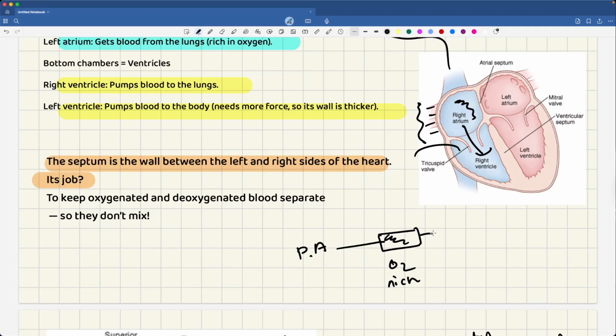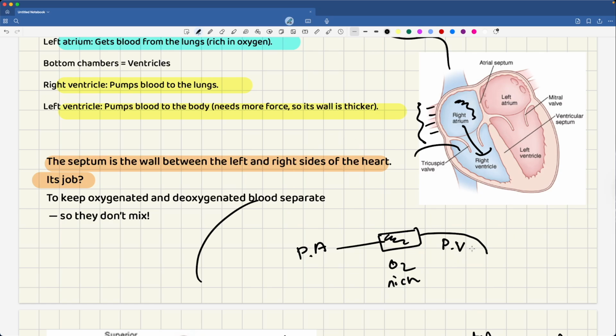Then it again travels through the pulmonary vein. This time it's a vein, that is taking blood towards the heart. Any vessel that takes blood towards the heart is actually a vein. Any vessel that takes blood away from the heart is actually an artery.